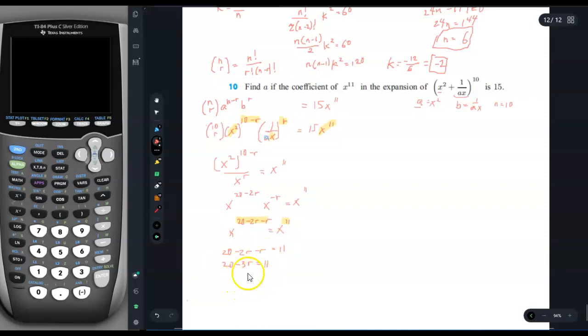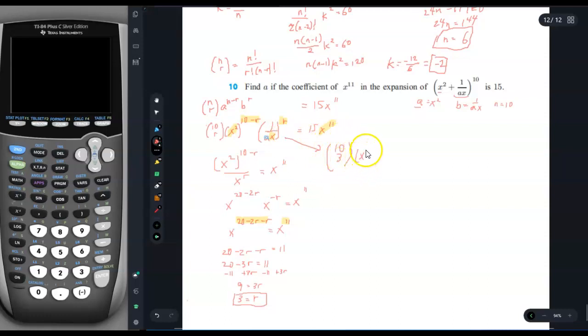And then let's subtract 11 from both sides, and we'll add 3r to both sides. And then we'll have 9 equals 3r. Divide both sides by 3, r equals 3. So this is pretty much all we need. Let's fill that in. We know that r equals 3 now. So now we know that it's 10 choose 3.